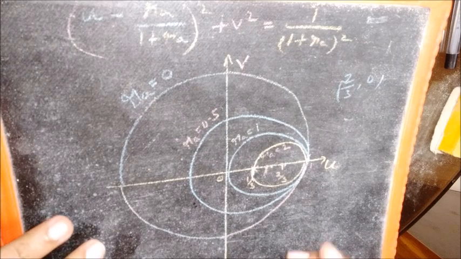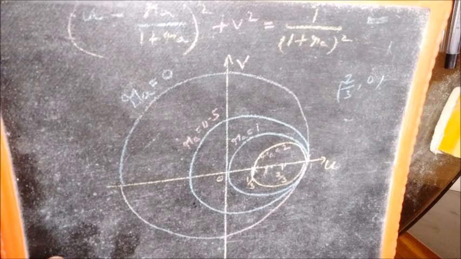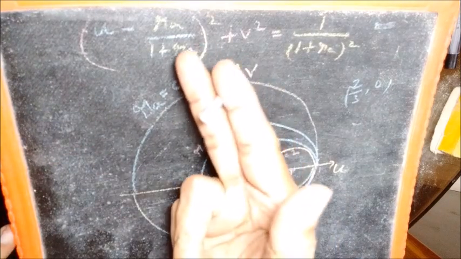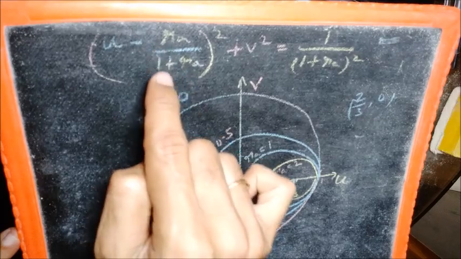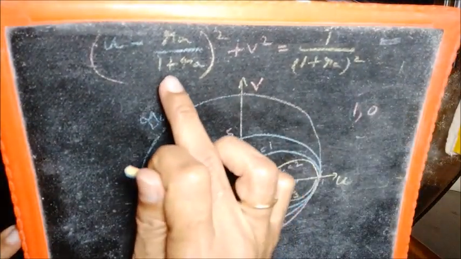Okay, next, let us see just one more thing. We don't have much to draw here. What happens when RA is infinite? RA infinite corresponds to, if you are looking at the impedance at the load side, an open circuit. So if RA is infinite, the center is at 1, 0.